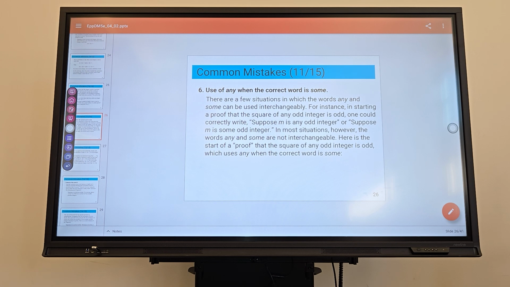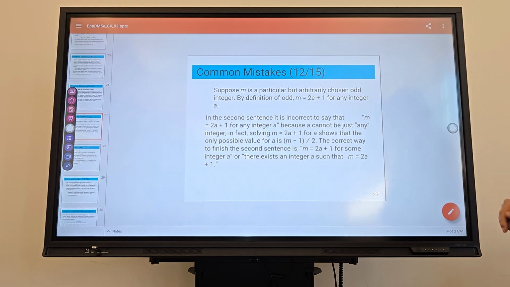For any integer a means it doesn't matter what a is. The statement you're trying to say is supposedly true. The square of any integer is odd, which uses any when the correct word is some here.